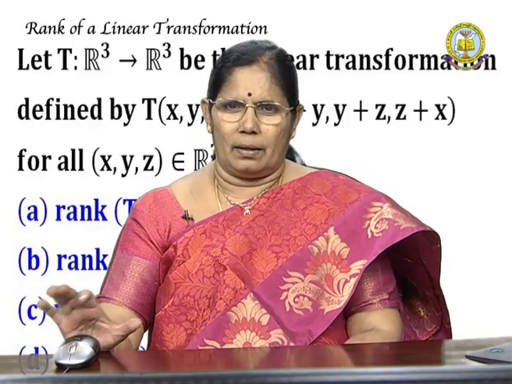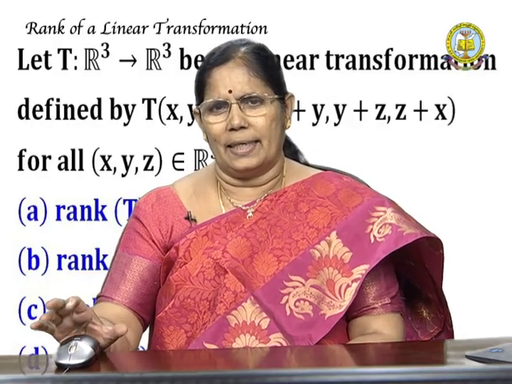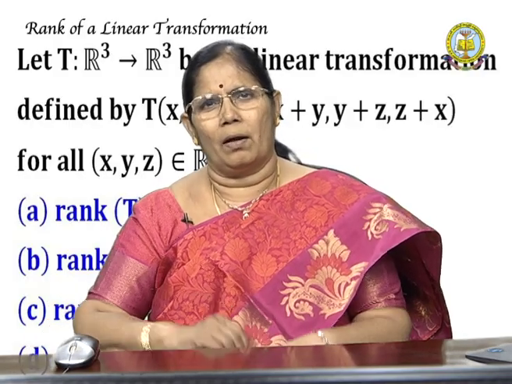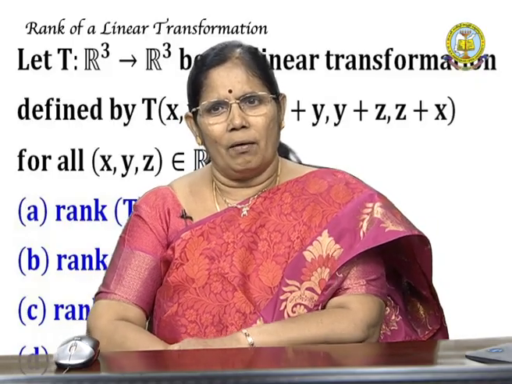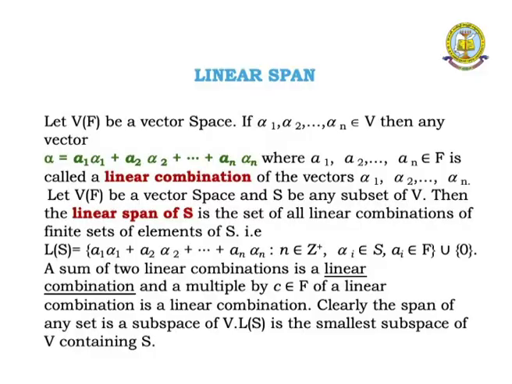Consider a set S containing the vectors alpha 1, alpha 2, etc., alpha n, and alpha is any vector in a vector space V. Then if alpha can be expressed as a1 alpha 1 plus a2 alpha 2, and so on, an alpha n, that is, one vector can be expressed as the addition of vectors with the help of scalar multiplication, then it is called a linear combination. Linear combination means every vector alpha can be expressed as a1 alpha 1 plus a2 alpha 2 plus so on an alpha n.